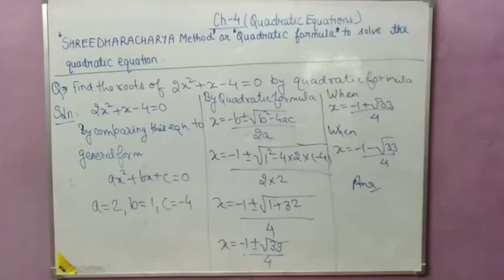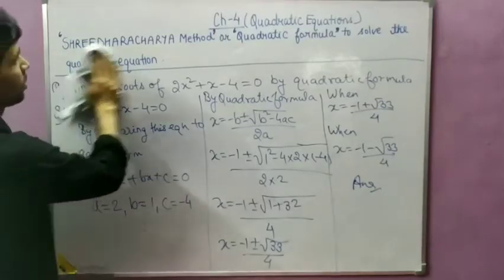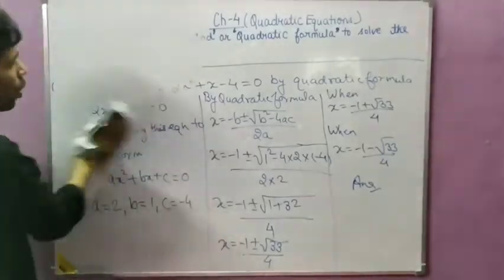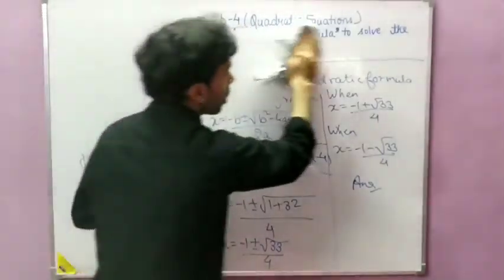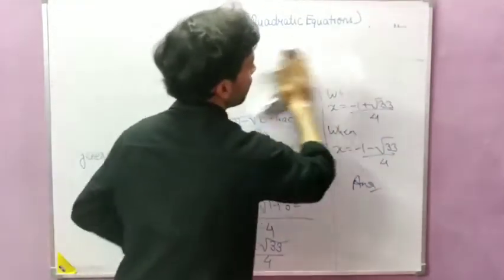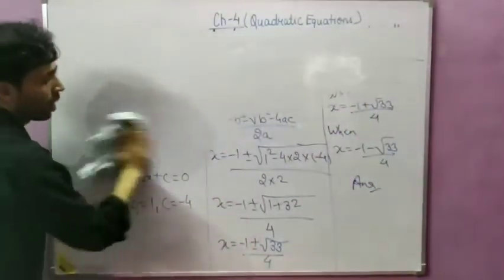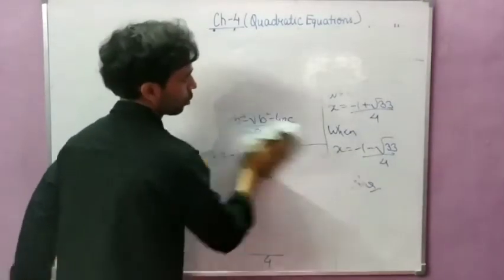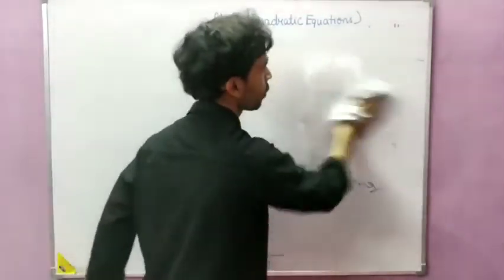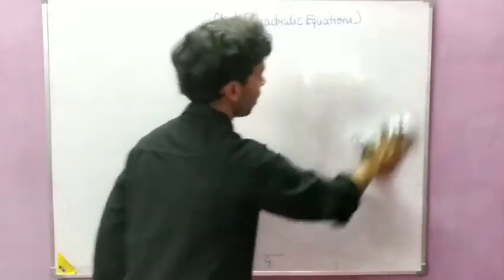So I think, student, it is clear to all of you. Now some different types of questions. We have learned all the methods for solving the quadratic equation. So now we will solve some miscellaneous problems so that we can solve all types of questions in quadratic equations.